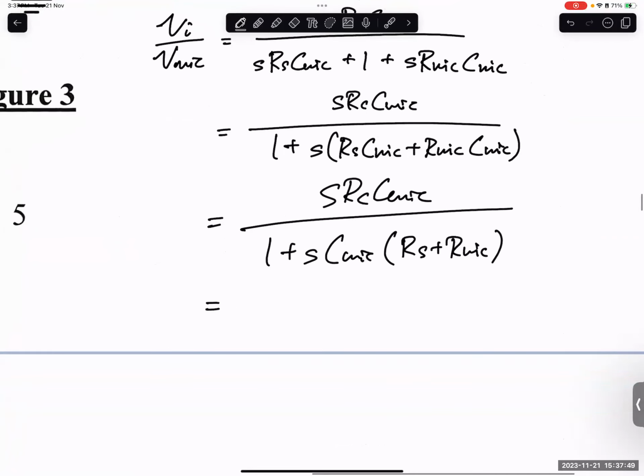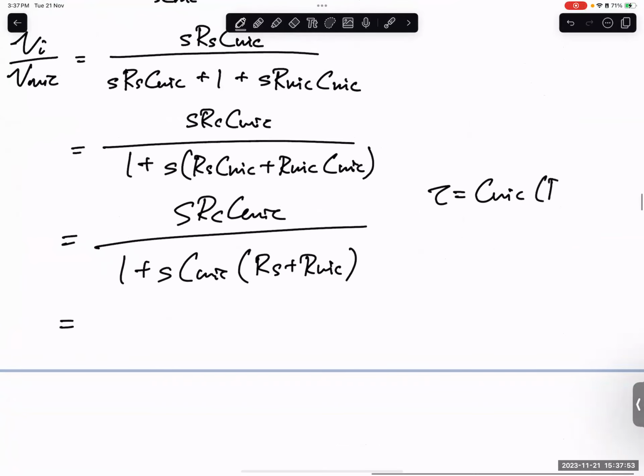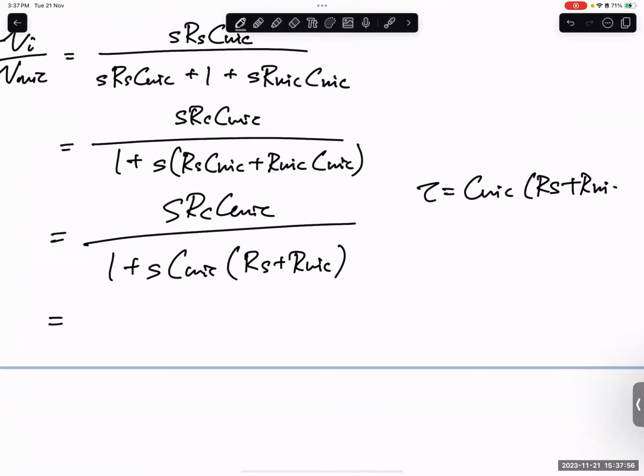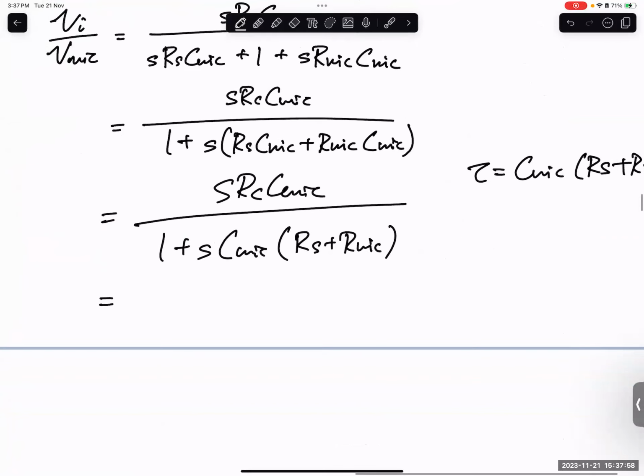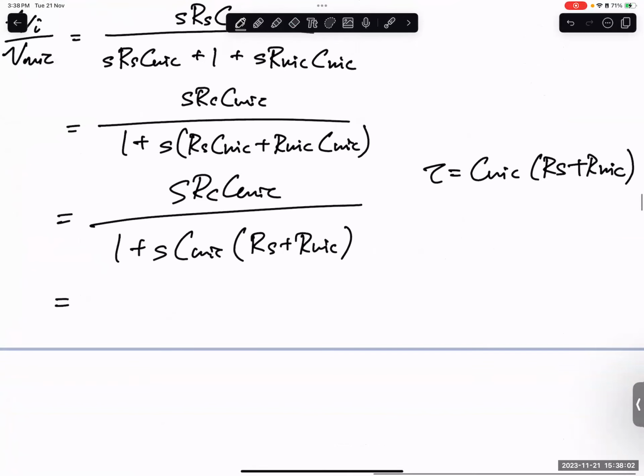So what we need to do is, since our τ equals C_mic (R_S plus R_mic), right? We need to somehow convert this into that one, right? So our A1 is actually just that, right?